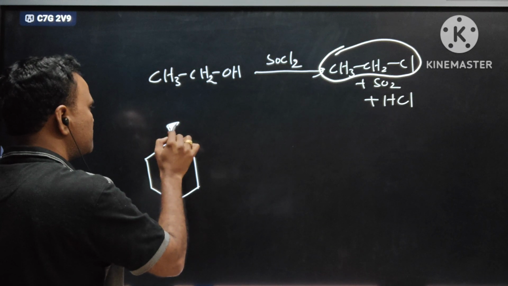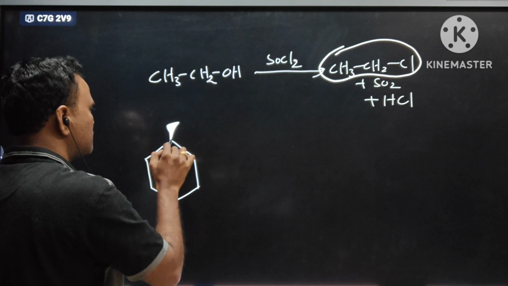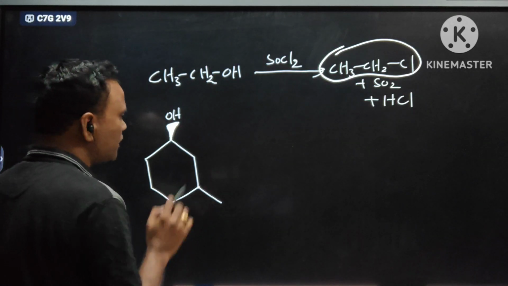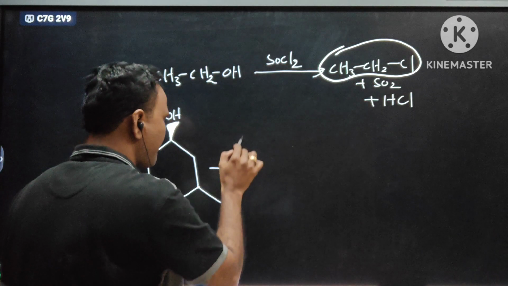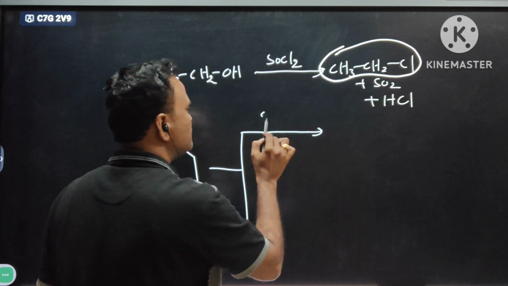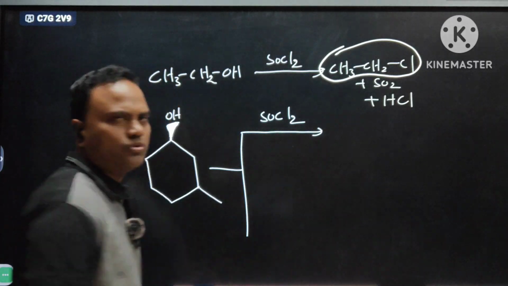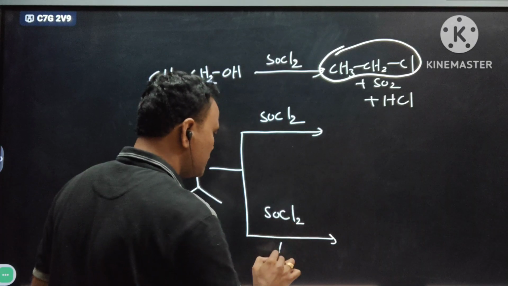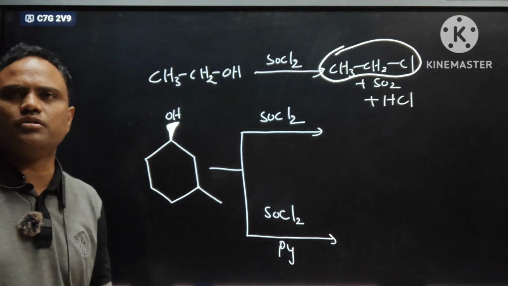Here alcohol is present above the plane, thick line OH, and this is one methyl group. SOCl2, plain SOCl2, and SOCl2 with pyridine.